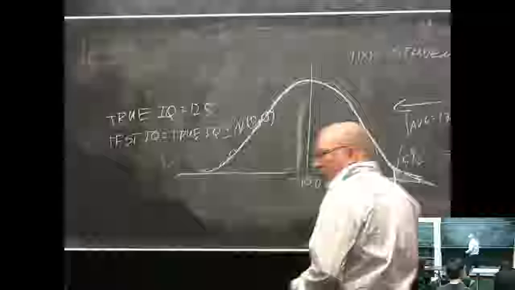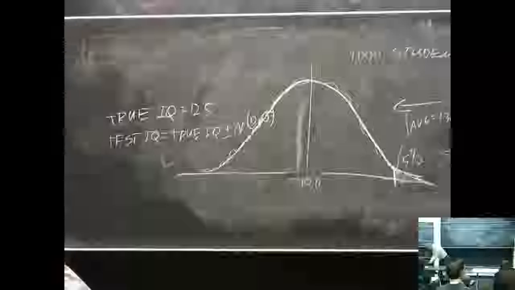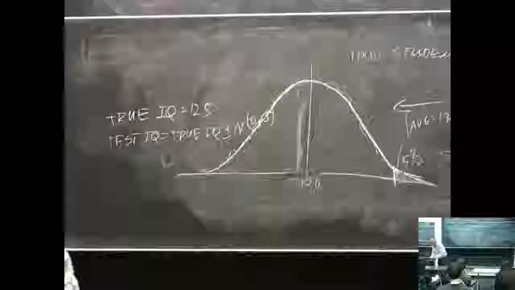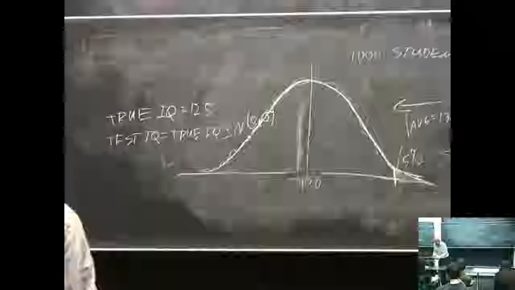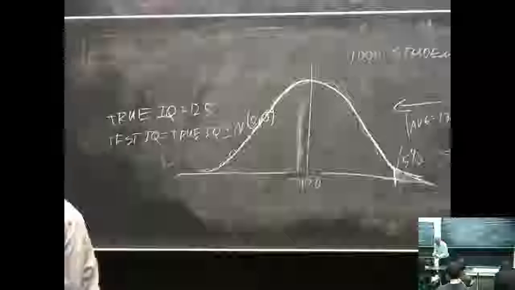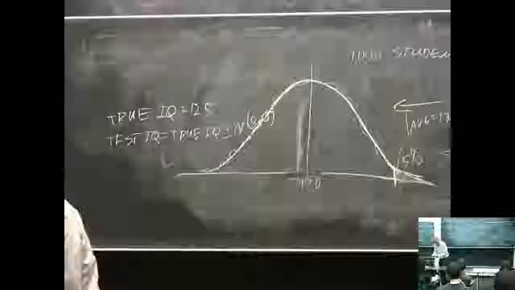So if you look at the true, let's use some color here. These colors are not going to be related to the colors of random variables. I'm going to deliberately use colors that we don't use there, so let's use purple.